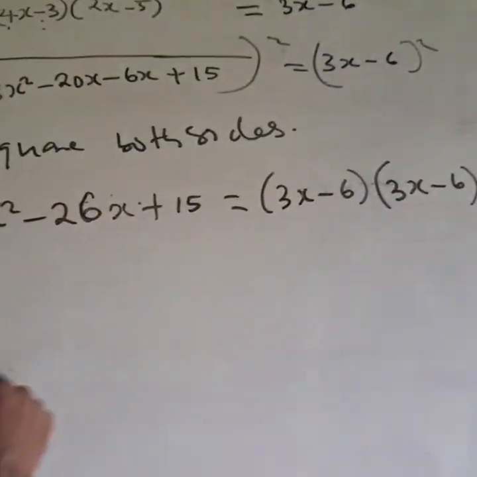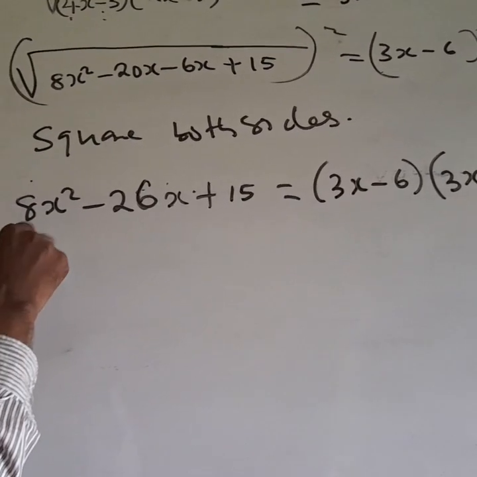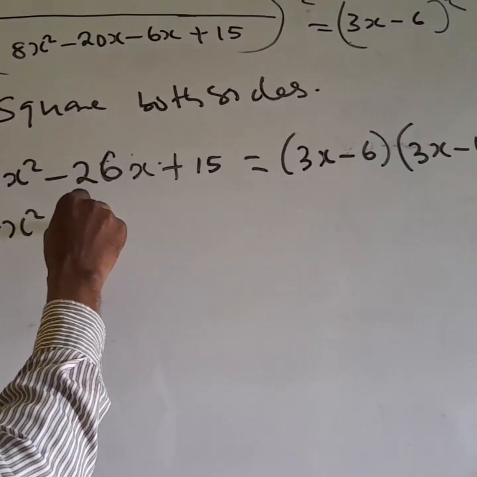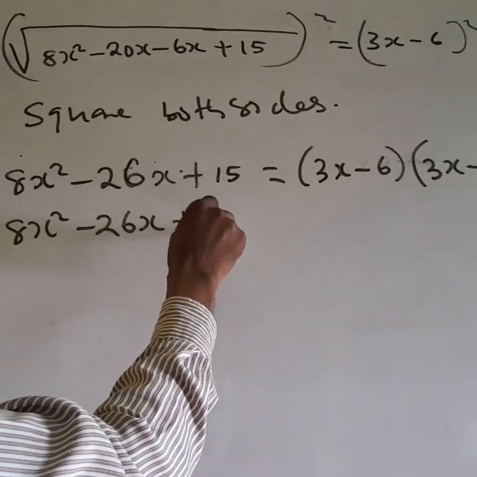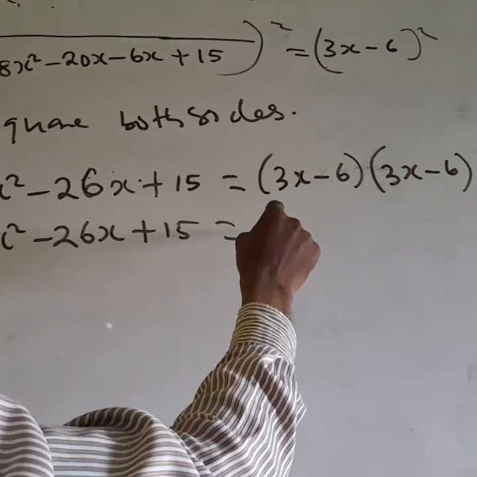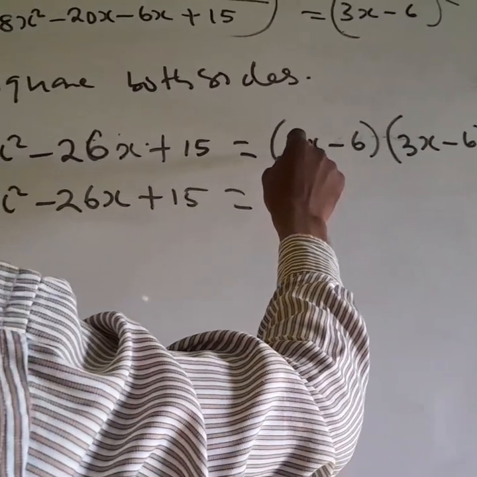You expand the left hand side again. So we have 8x squared minus 26x plus 15 equal to, and you expand the bracket.